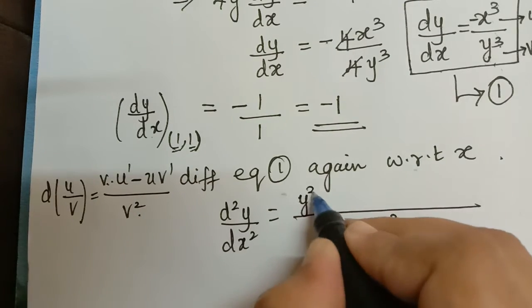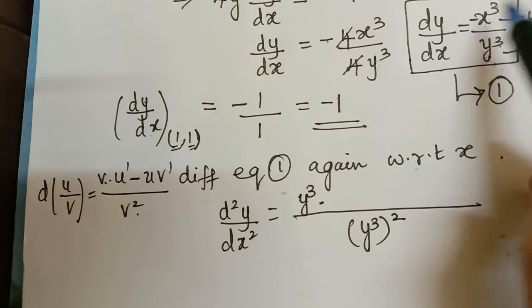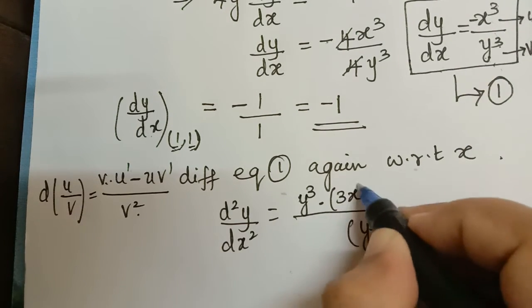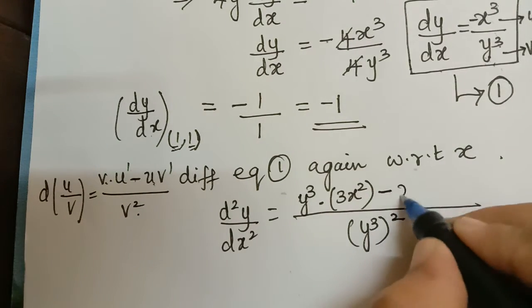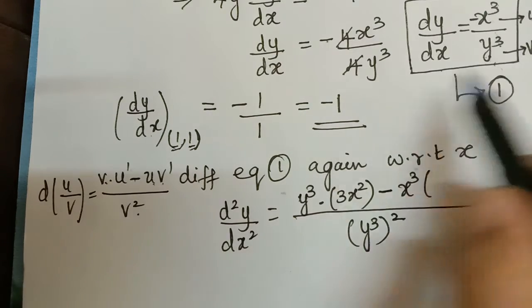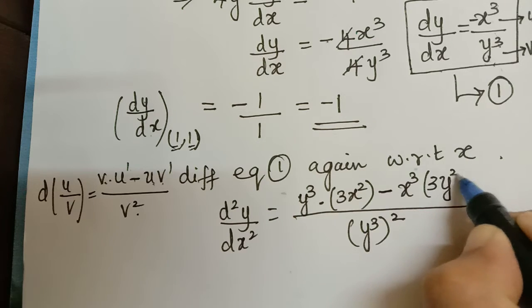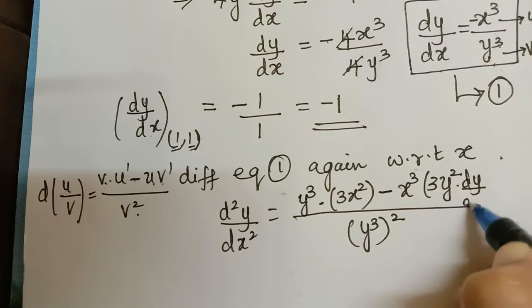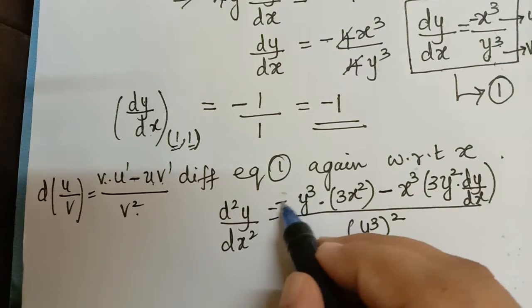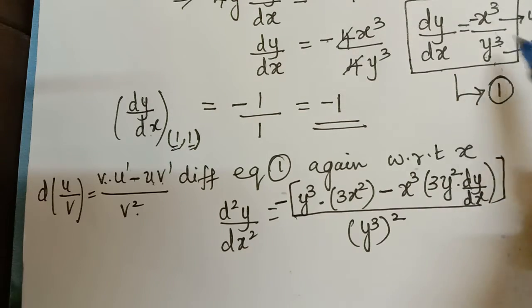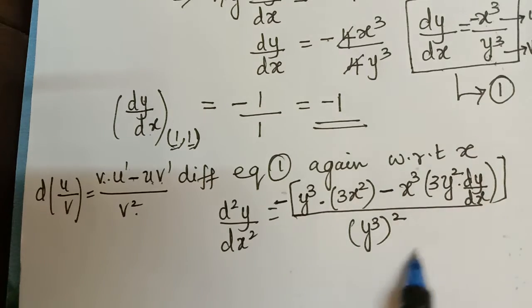So v is y cube multiplied with u dash, u is x cube, so the differentiation of x cube is 3x square, and then minus u multiplied with v dash, so x cube multiplied with v dash. v is y cube, so differentiation of y cube is 3y square multiplied with dy by dx. And then we can see that we have a negative sign. That negative sign we can write in common outside. So this minus has come out, and the differentiation for x cube by y cube we have shown it here.